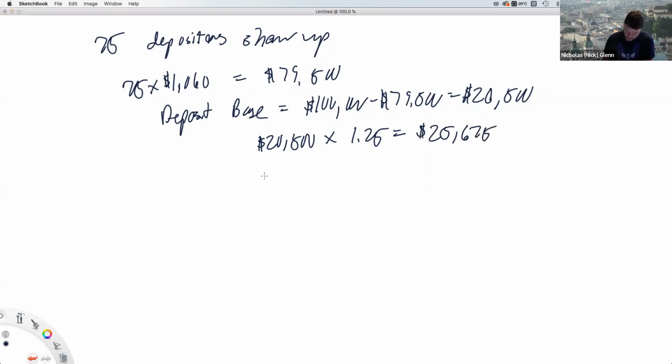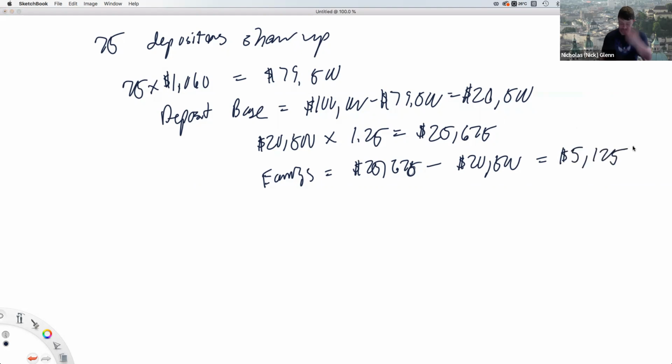So what are the actual earnings? Well, you want to subtract 20,500 from this. And so this will give you 5,125. So that's the earnings to the bank. The bank actually earned this by investing this money in this investment.